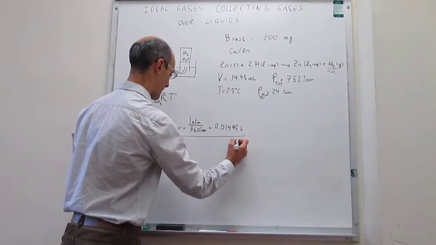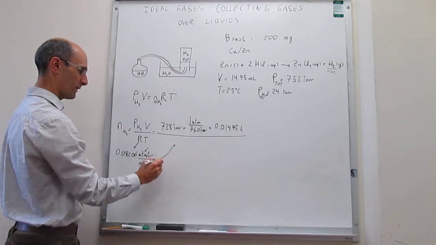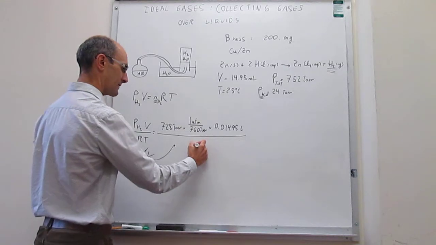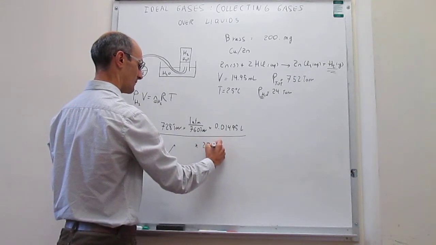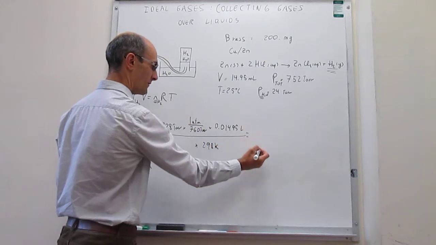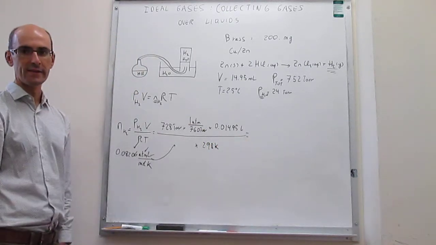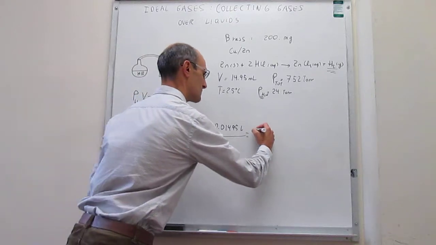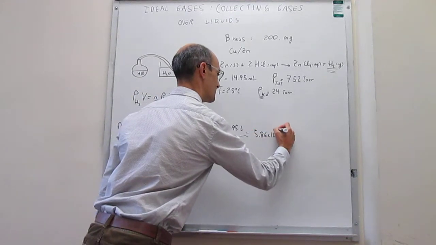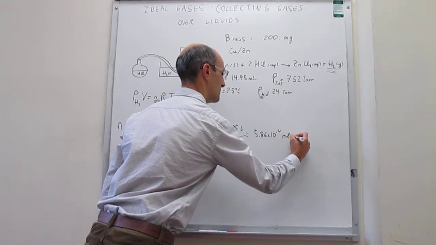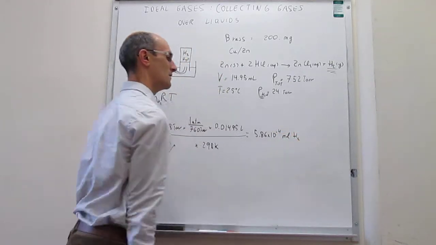Then we have the R, which we have already written here, multiplied by the temperature, which is 25 Celsius. That happens to be 298 Kelvin. And from here, you get directly the number of moles of hydrogen. That is going to be 5.86 × 10^-4 moles of hydrogen.